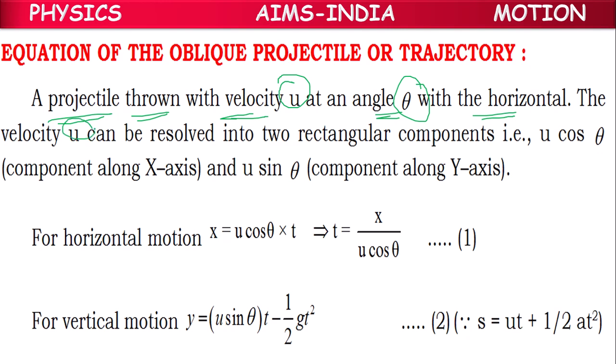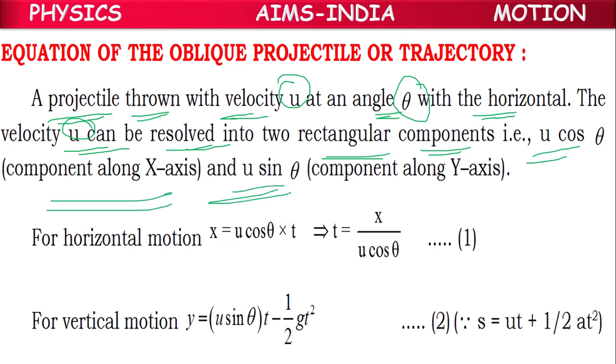The velocity u can be resolved into two rectangular components: u cos theta along the x-axis and u sin theta along the y-axis. You can learn this in the trigonometry topic in maths, children. So directly we can remember the horizontal component u cos theta and the vertical component u sin theta.